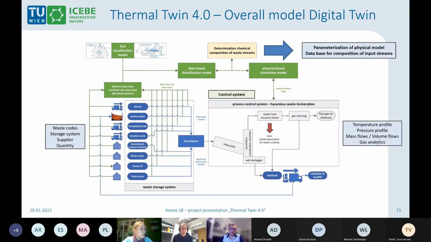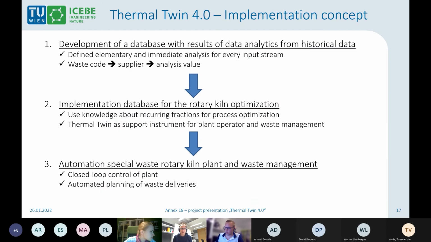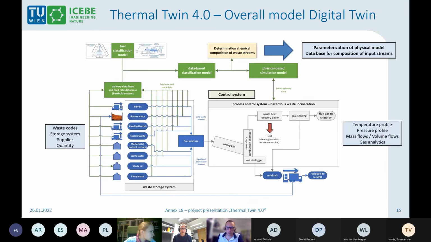So the digital twin. At the moment we are dealing with historical data, so it's not really a closed loop. But in the end, the physical-based simulation model guesses, on the basis of the measurement data out of the control system and the gas analytics, because it's an over-determined system, back to the input streams.